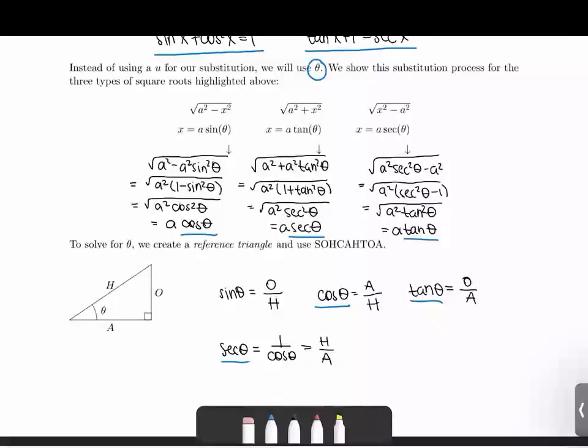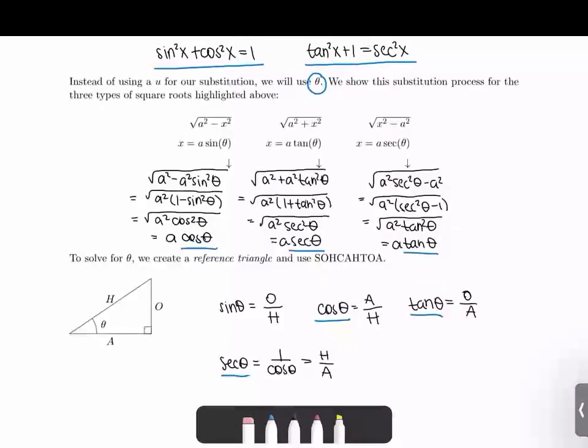If we end up needing any of the other trig functions, we can do something similar, where we know that cotangent is 1 over tangent and cosecant is 1 over sine. So we can do this exact same process, just using the same method. So this is going to be our setup for the 3 different ways that we can use this trig substitution. That's where we end this video, but in the follow-up videos, we'll work through examples using this.